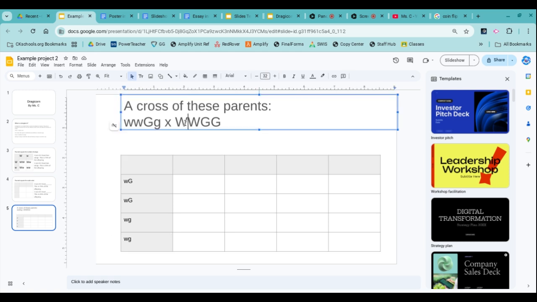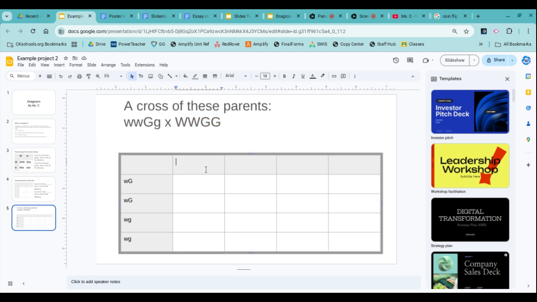Now I'm going to try the other parent. This other parent can literally only make one combination. It can only give dominant capital W, and it can only give the dominant capital G. So all of them should be the same.